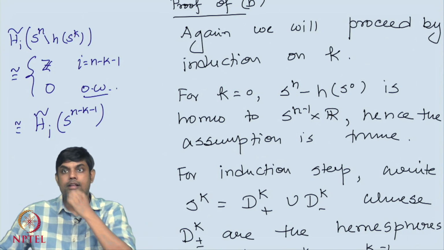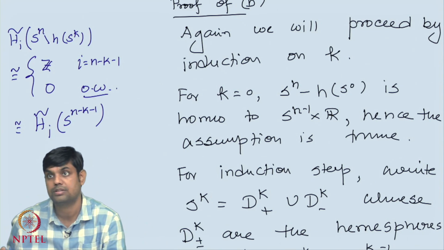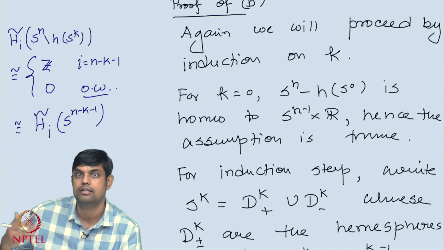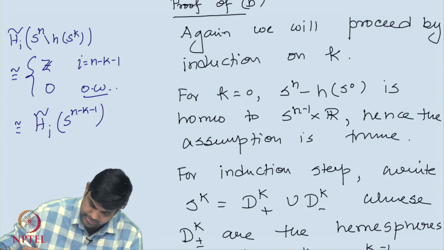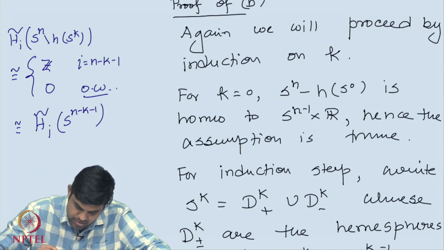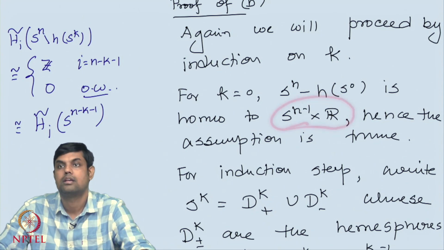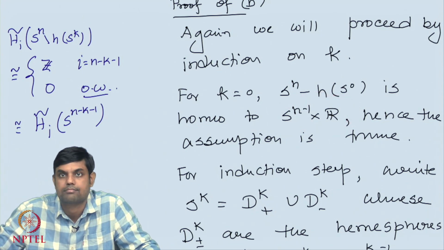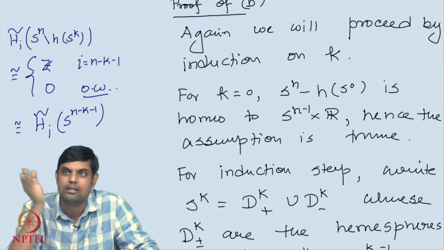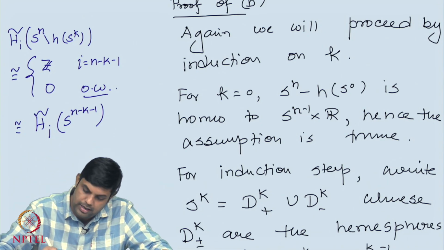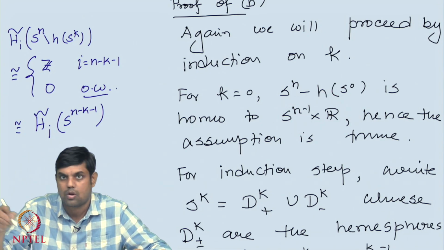You can check this, I have not done this part, that this object, Sn minus 1 cross R, is homotopy equivalent to Sn minus 1. Basically what I am saying is something cross R, and R is homotopic to a point. So, this is homotopy equivalent to a point cross Sn minus 1.